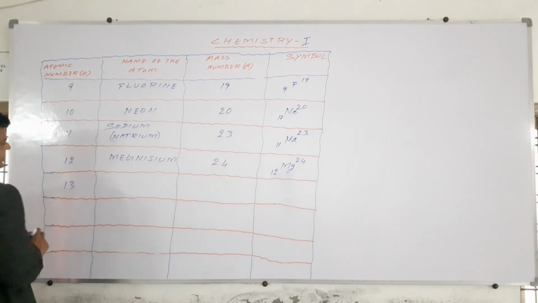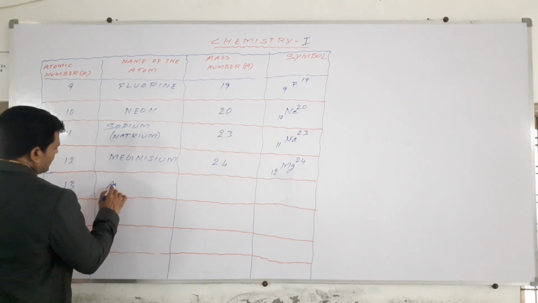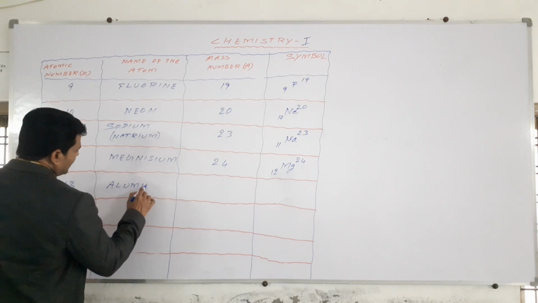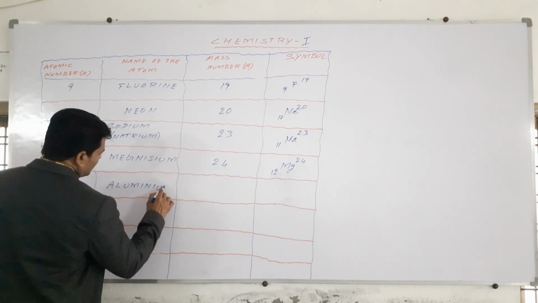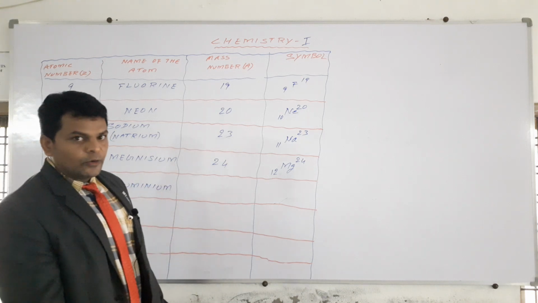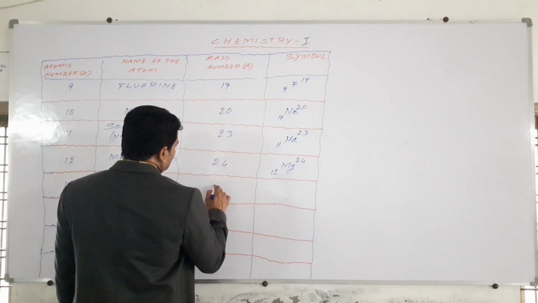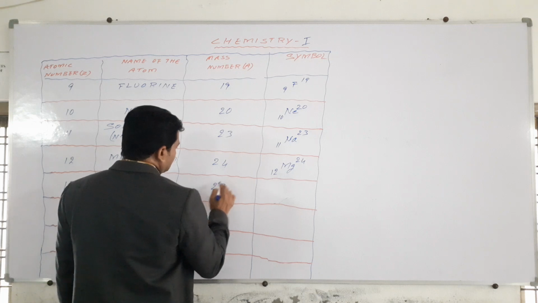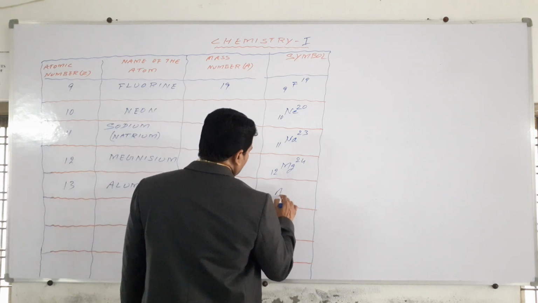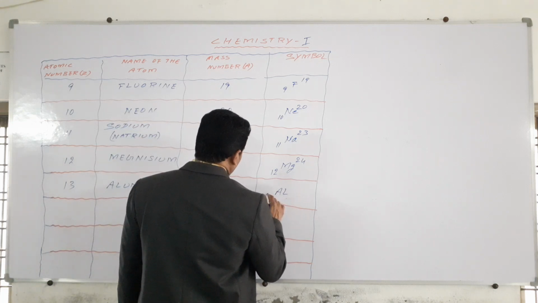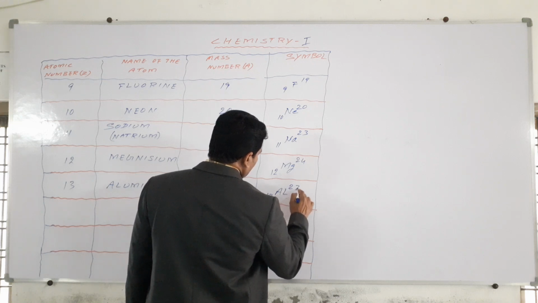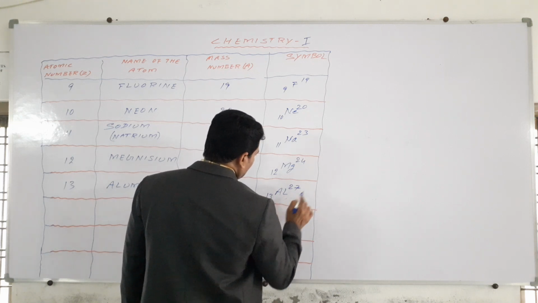Then 13, aluminium. Then mass number 27, Al 13, 27.